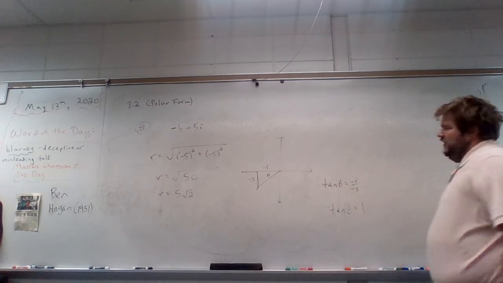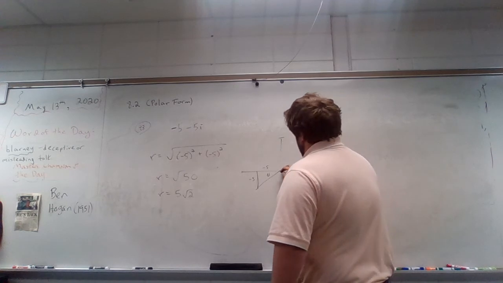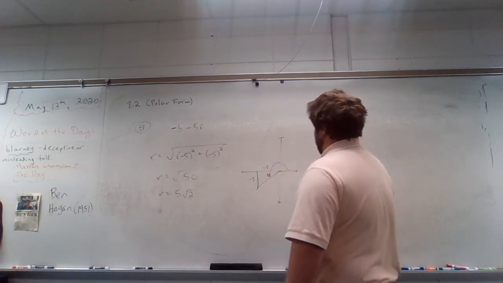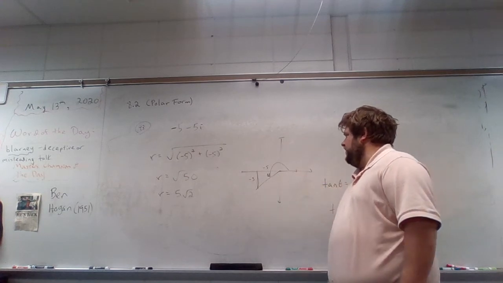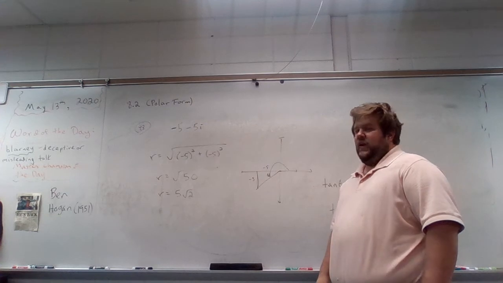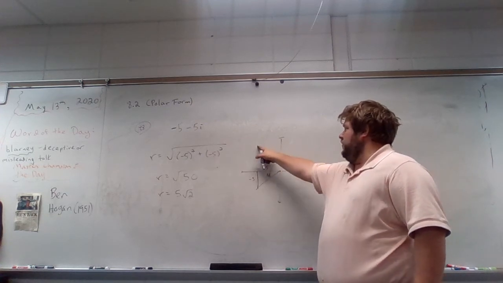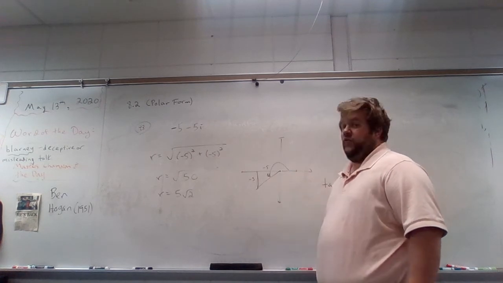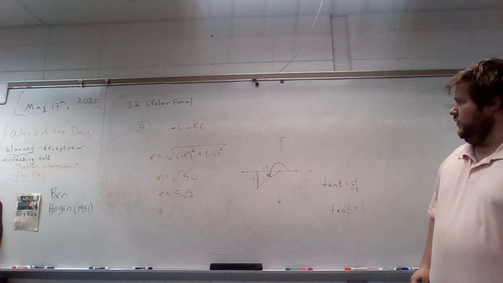Now, the best way to think about this is to think about what this angle is. So if you're down here and you're at a place where the tangent is going to be positive 1 again, what angle are you actually at? Well, you remember your pi over 4, your 3 pi over 4. This angle is 5 pi over 4, and that's the angle between 0 and 2 pi that we want, okay?